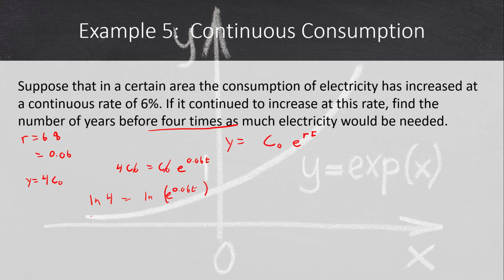Using the power property, I will have the natural log of 4 is equal to 0.06 t times the natural log of e, which, by the way, is simply 1. And then we will have that t is equal to the natural log of 4 divided by 0.06. And that will give us 23 years.